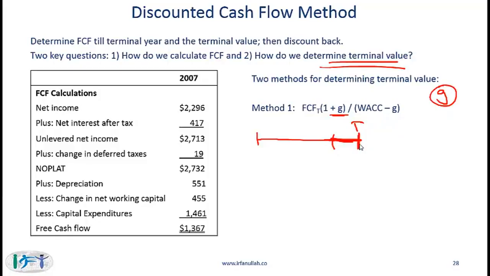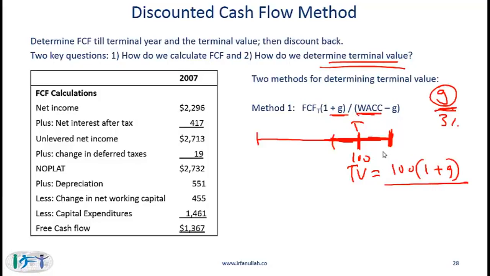So if, let's just say that your free cash flow for this year is 100, and 100 will grow at a rate of say 3%, then what is the terminal value over here? It is equal to the cash flow at the end of this period, which is 100 times (1 plus g), or 3%, divided by cost of capital.